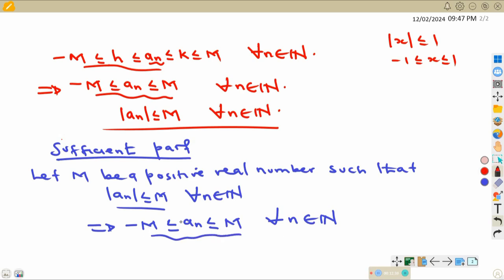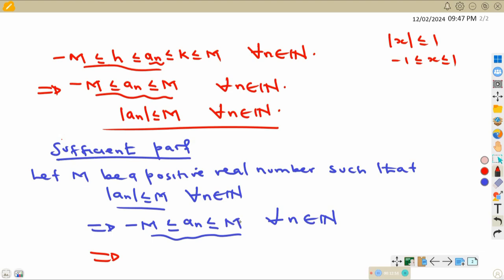When you look at the terms of the sequence being between two real numbers, because this is a real number and this is a real number, we can clearly say that the terms of this sequence are bounded between two real numbers.